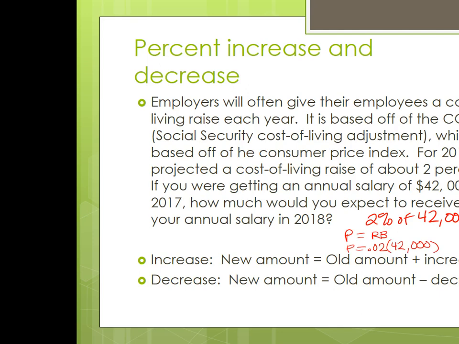And by the way, anytime you want a percent of a number, all you have to do is multiply the number times the percent, as long as the percent is in decimal form. So you can kind of think of this as being multiplication here. So we have 0.02 times 42,000. That is $840. So that is going to cause your salary to increase. So it's going to be $840.